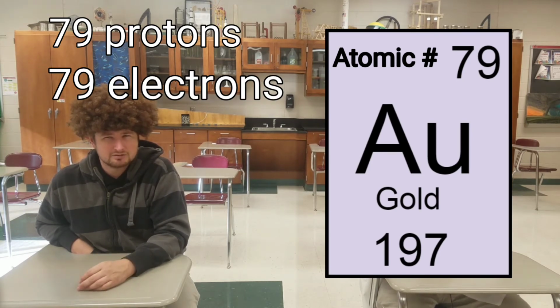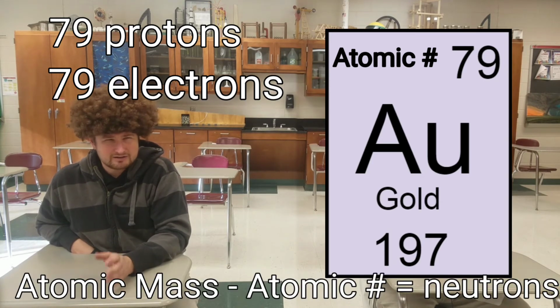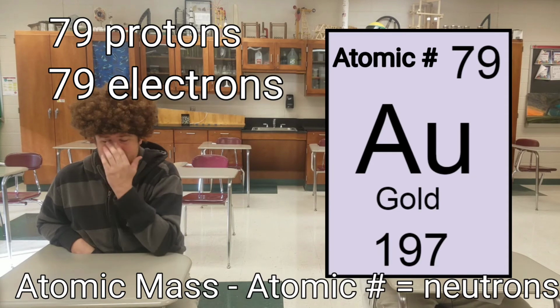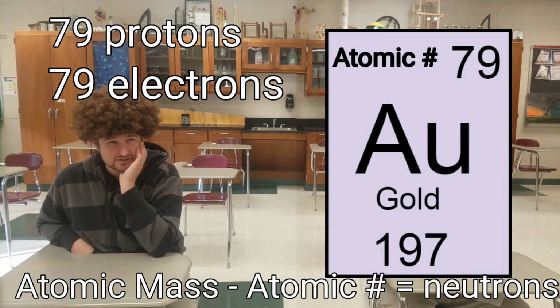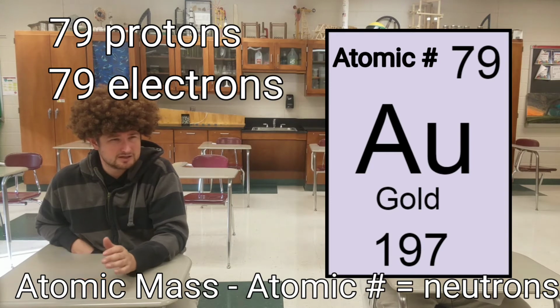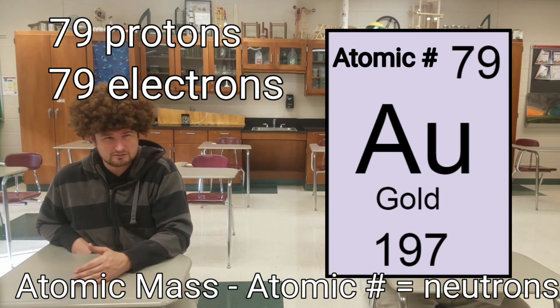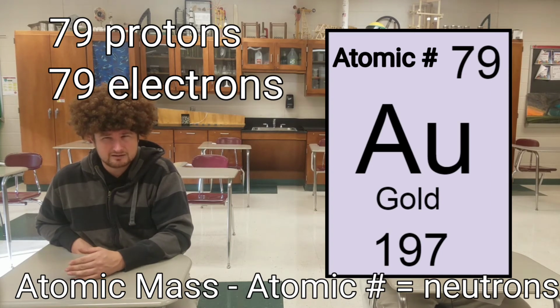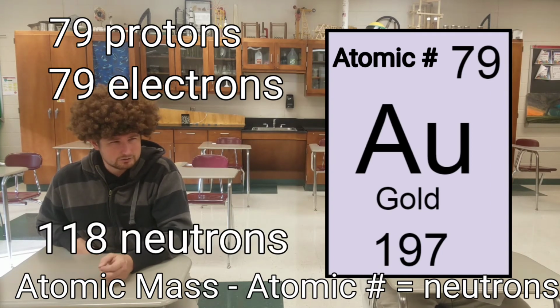What about the number of neutrons? Well, it has 197 for its atomic mass, and 79 of those particles are protons. So you take 197 and you subtract 79, and you get 118 neutrons.